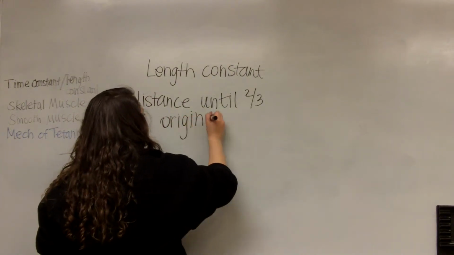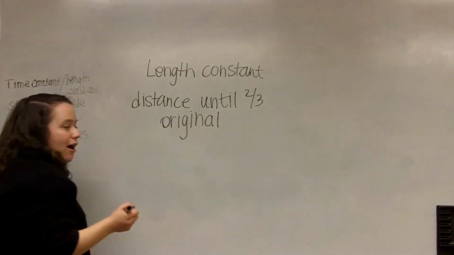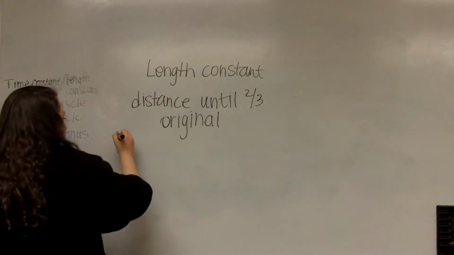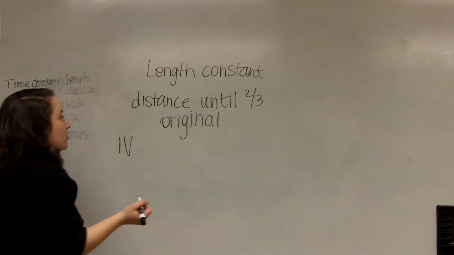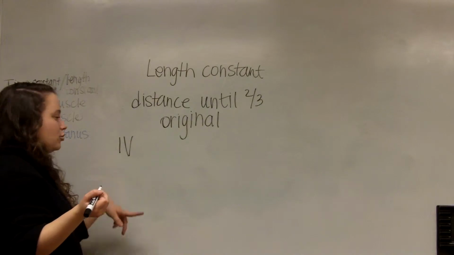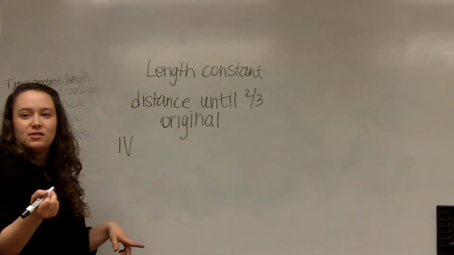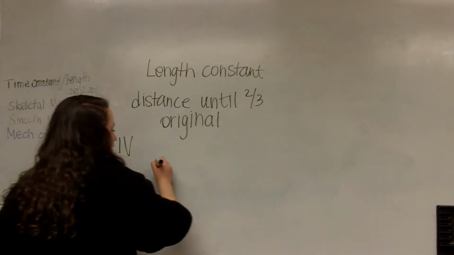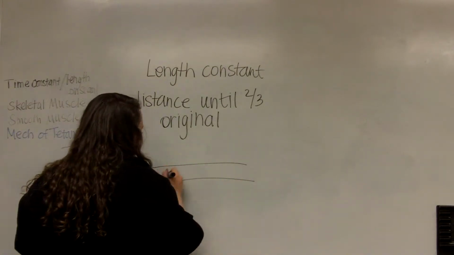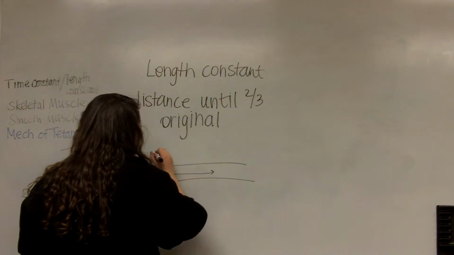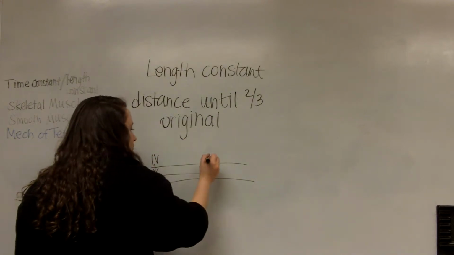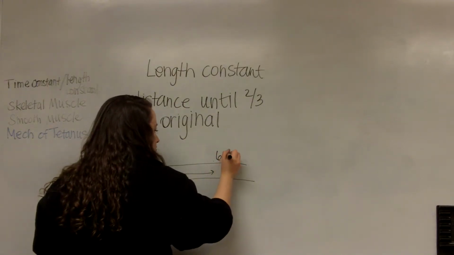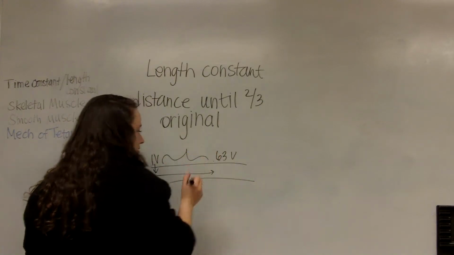So to give it numbers, if you started out with 1 volt, your length constant would be the length that you could travel before you got to 0.63 volts. Basically, this is my axon, I'm traveling along. If I start out with 1 volt right here, and I get to 0.63 volts right here, this is my length constant.